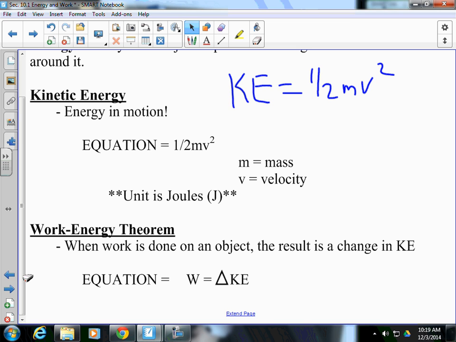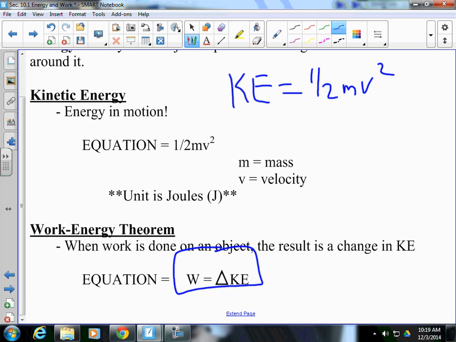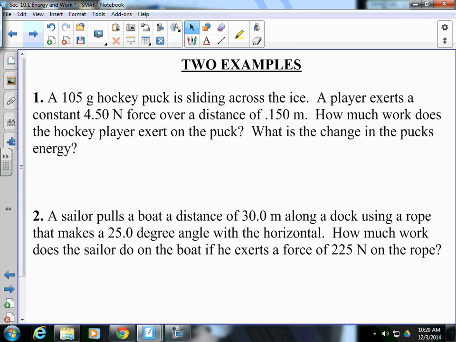What this equation says is when work is done on an object, the result is a change in kinetic energy, which means work is equal to change in kinetic energy. So if I solve for work, I can also solve for kinetic energy, or vice versa. We'll take a look at a couple examples, apply these equations, and talk about them.